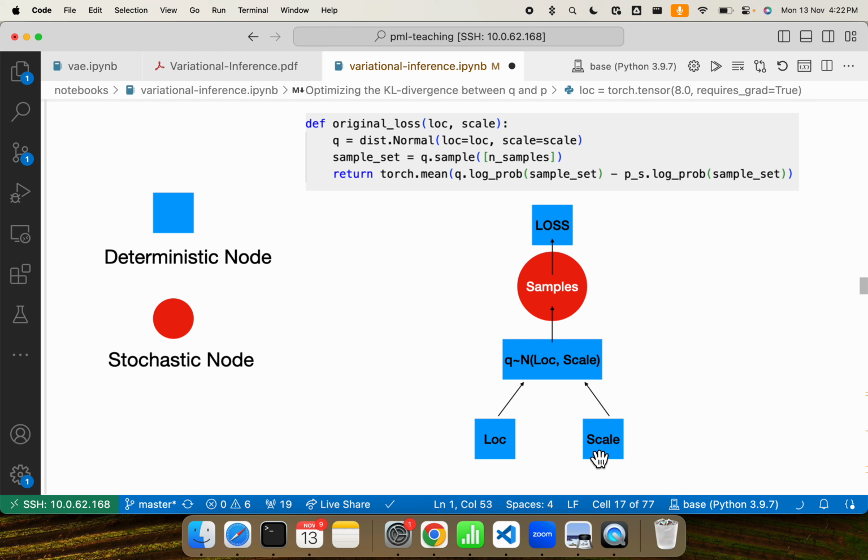The answer is known as the reparameterization trick. So now you have to think, what does reparameterization mean? If you remember the previous lecture on Bayesian optimization, we did indeed use the exact same term, reparameterization trick.